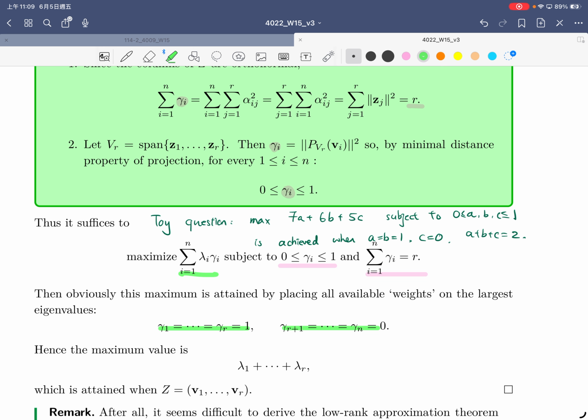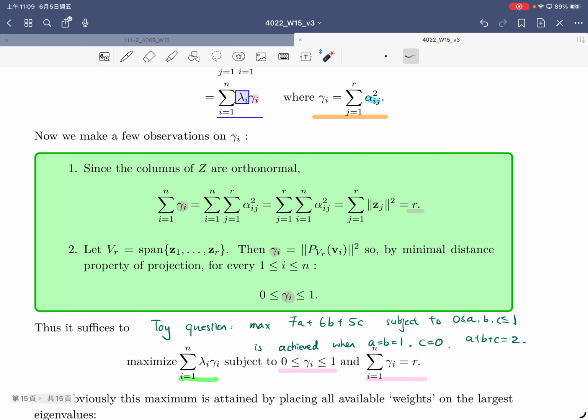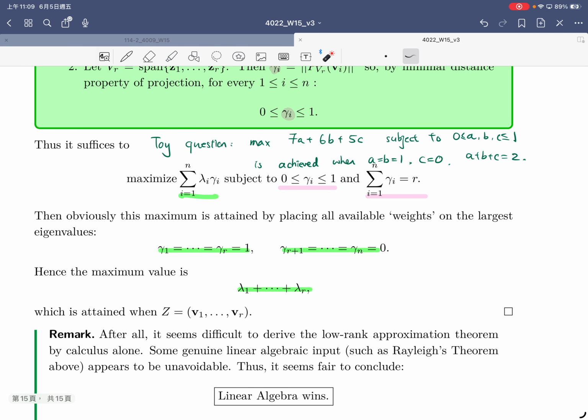So that's why the maximum value is λ_1 up to λ_r. And this is attained when Z equals v_1 up to v_r, because in the beginning there's a relation between Z and v_i. But now you're choosing the extreme case. So this is done. It's not a very difficult proof. You just spell it out and realize that you can reduce it to a toy question.